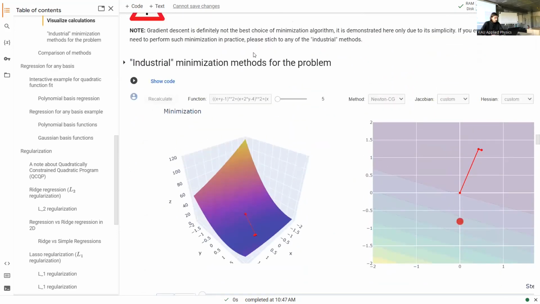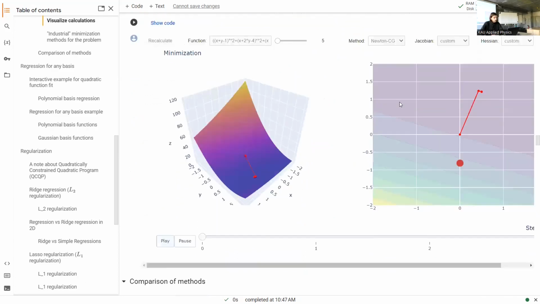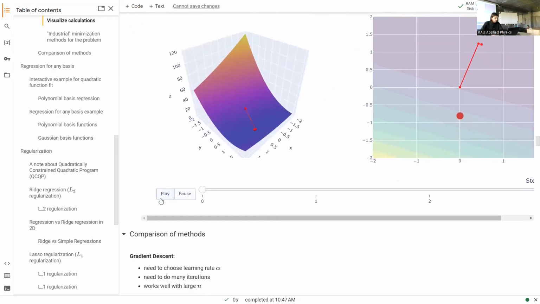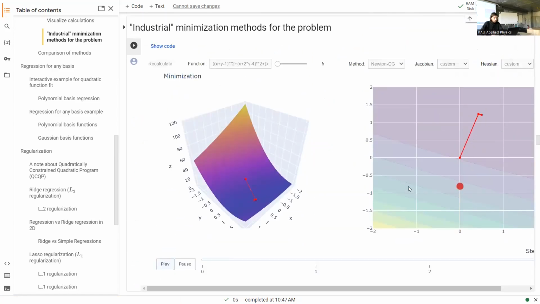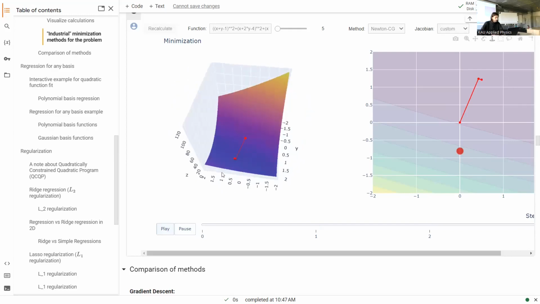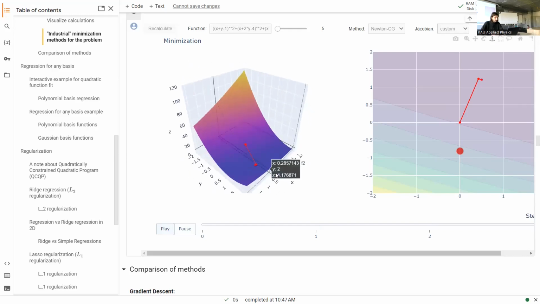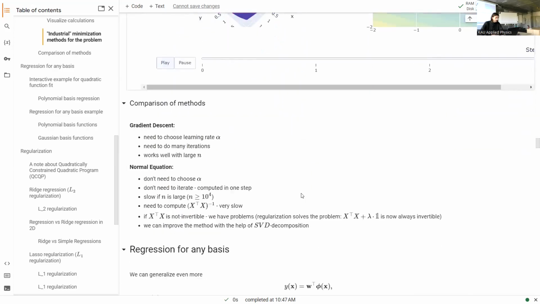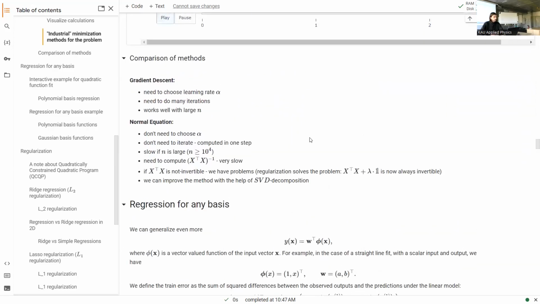For example, here I'm using the Newton conjugate gradient method, and you see that in just a few steps it is able to get to the point of the minimum, and it performs that quite quickly. While simple gradient descent may get stuck even with such simple functions as parabolas. Okay.